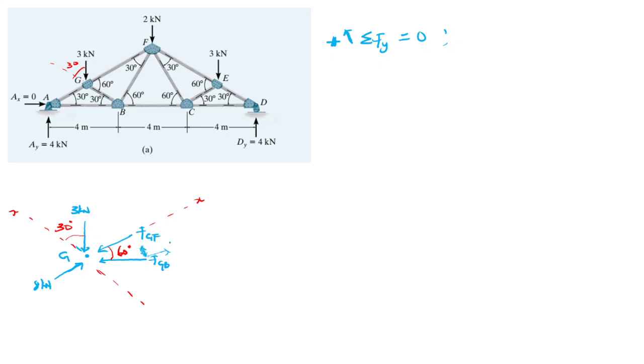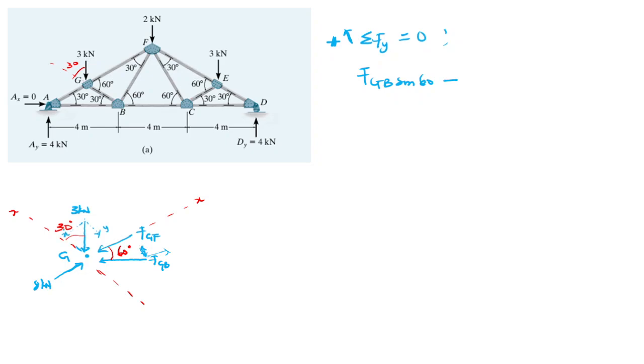So the angle is facing that, so it will be FGB sine 60, minus, if you look at the vertical direction of this, this is our y and this is our x.